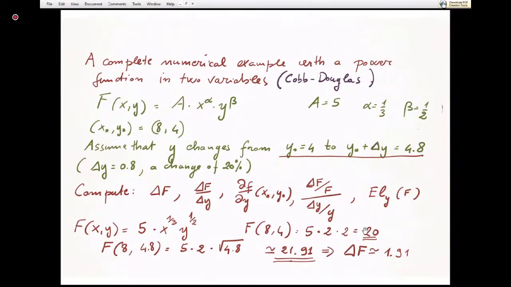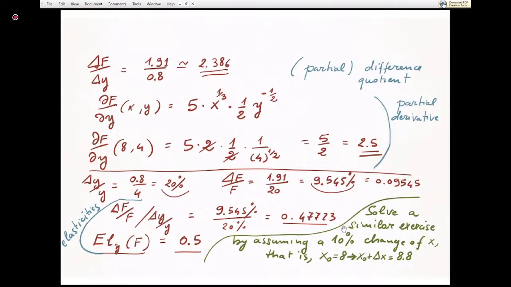So the output changes by almost 2 units, and we have basically a change of the output of about 10%, 9 point something percent compared to the initial level. So this is an absolute change. Delta F is the absolute change of the output. It's measured in terms of units, 1.91 additional units of output.